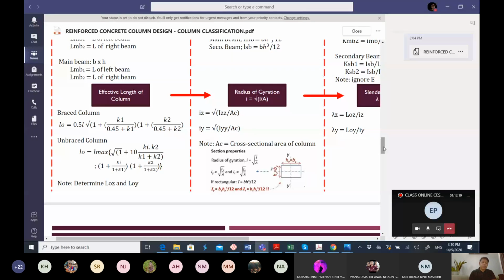So this is the formula to determine the effective length of the column. This formula is in your design appendix, so no need to worry. Another thing is because your test will be open book, you will have your own reference, as much as you would like to have. So I hope that you can answer this question very well, because it is open book.